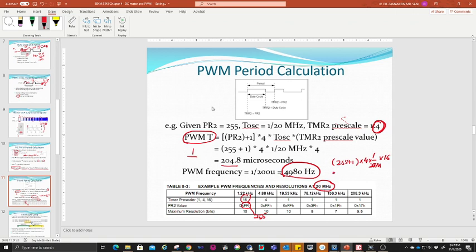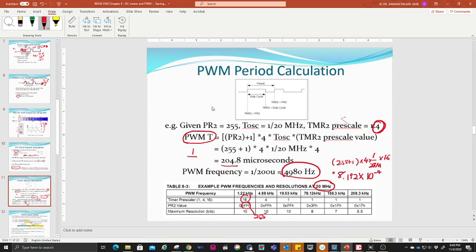So what's the value here? Let me calculate. 256 times 4 divided by 20 megahertz, times 16. The value is 8192 times 10 to the power negative 4.